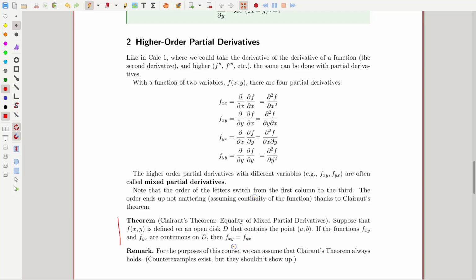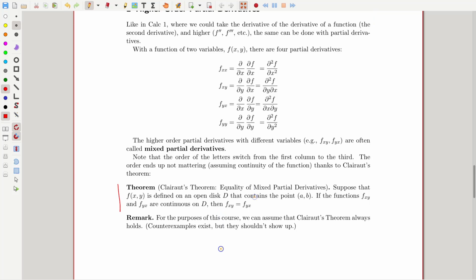So you can basically expect that for whatever functions you encounter, this is going to hold true. Only in weird circumstances does it not hold. You can basically assume that the mixed derivatives are equal due to Clairaut's theorem.